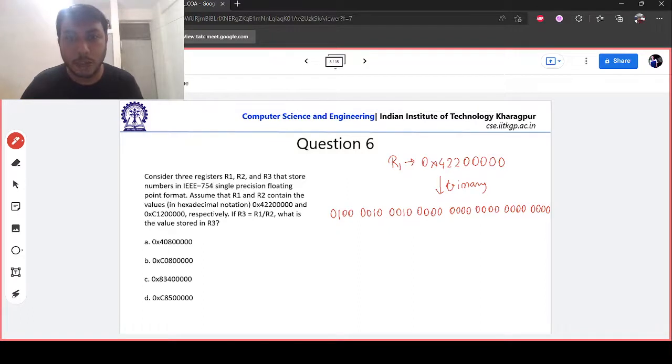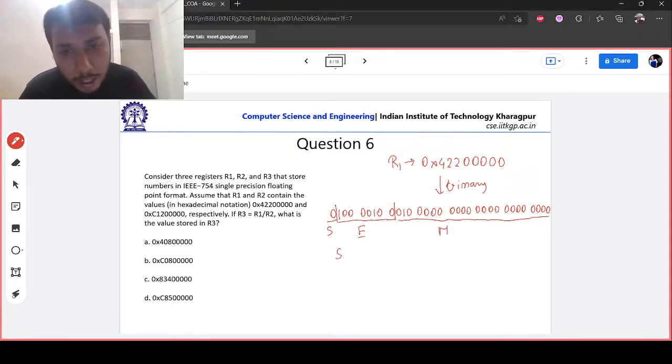Now next we need to divide it into S, E and M, like we have already done in the previous questions. The first bit is S, the next 8 bits are the exponent, and the rest is the mantissa, right?